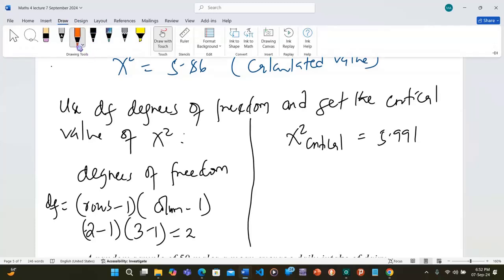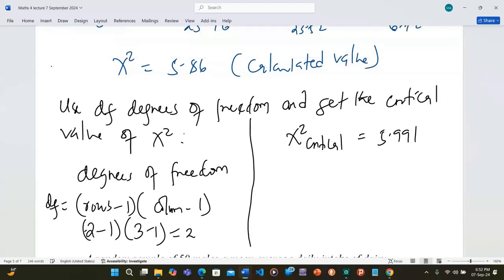What am I going to do with this value? I can come to the normal distribution curve and put my value. So these values are positive, and therefore I'm going to take the value of alpha, which is 5% here, one-sided, and this is going to be our rejection region.